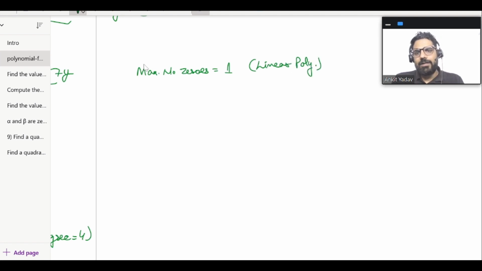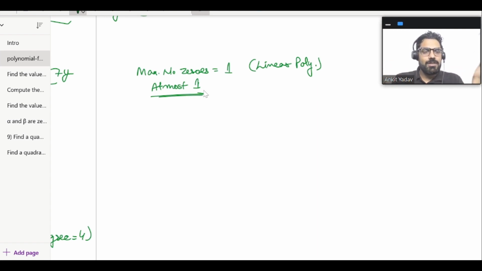It has at most 1 zero. At most means maximum 1 zero, minimum it can have no zeros, but the degree will define the maximum possible number of zeros of the given polynomial.